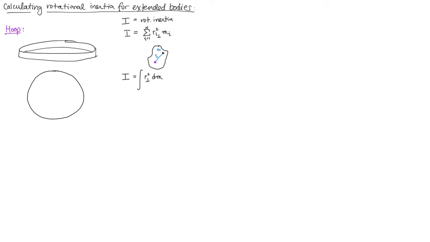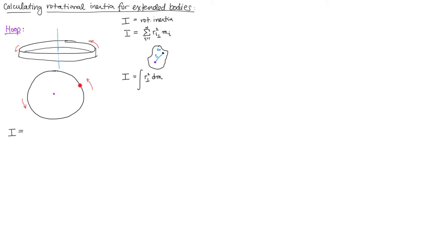Well, actually, we kind of know the answer already for the hoop, because every little piece of mass on this hoop is the same distance from the center. And let's be clear here, we're talking about a hoop that's rotating about an axis that goes through the middle of the hoop. So in the 3D case, it would look something like this. There'd be an axis right through the middle of the hoop, and the hoop would be rotating about that axis. Here, the sense of the rotation might be counterclockwise, and the axis would be a line through that purple point perpendicular to the page.